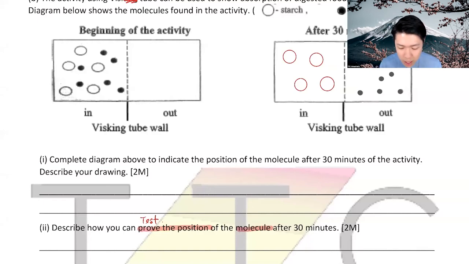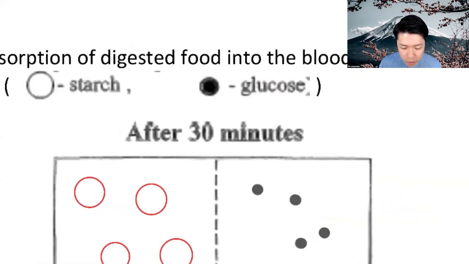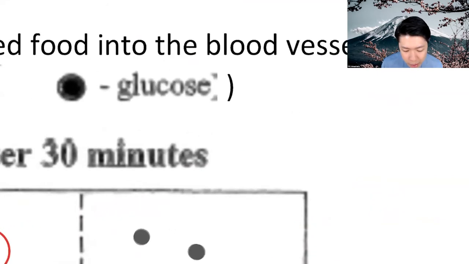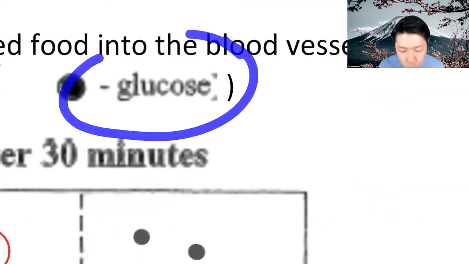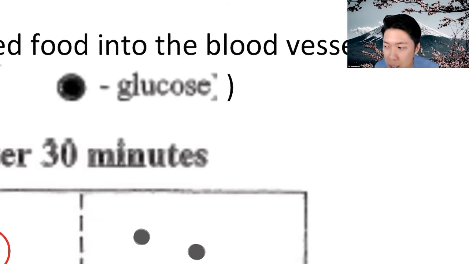Which one should we test? Obviously, we want to test the one that is outside, the one that has diffused. So, a quick question for everybody. Do you remember what test glucose is?